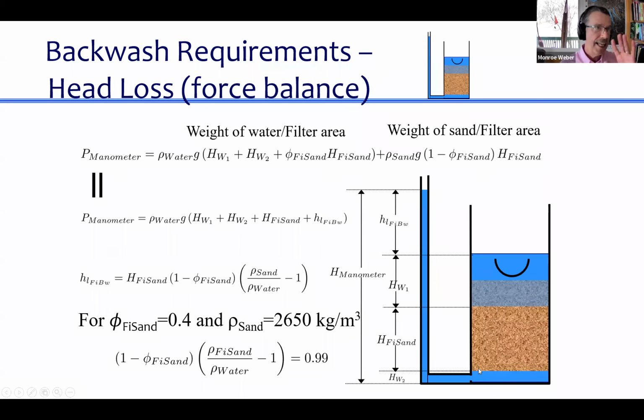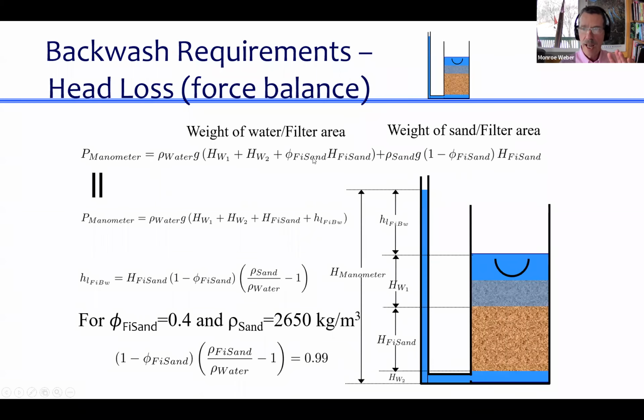That sand is just magically held up by something, some sort of underdrain system that doesn't let the sand leak down through, or an infinitely thin layer of gravel. That might break your brain thinking about an infinitely thin layer of gravel. So an underdrain system that doesn't let the sand down through. So those first two terms are the weight per unit area of the water that's above the sand and below the sand.